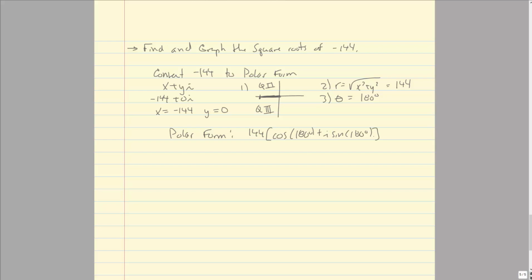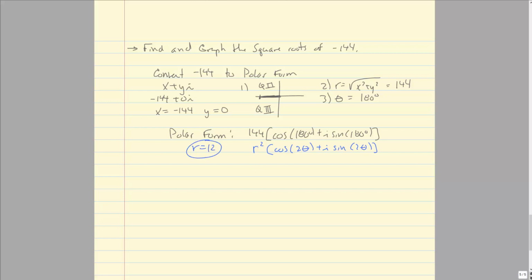And then what we do is we look at this and we match it up and we say, okay, this is a square root, so we want this to match with r squared times cosine of 2 theta plus i sine of 2 theta. So if r squared is 144, r would be 12. And then 2 theta would be equal to 180. So r is 12.